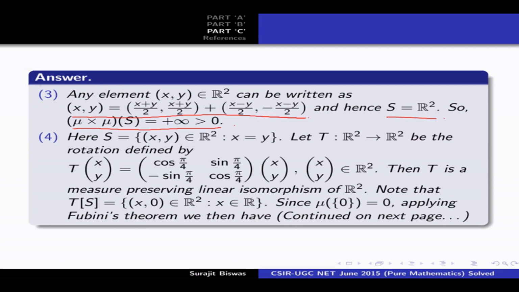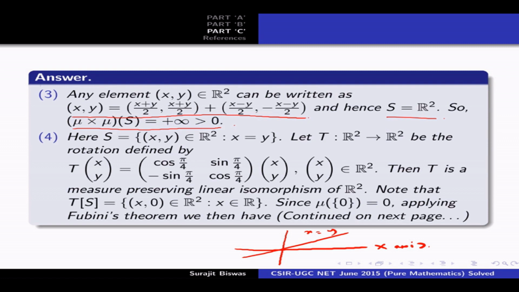Fourth option. Okay, so what are we doing here? Let's draw. In the fourth option we have the given line, x equal to y, and let's say this is the x-axis. So now what will we do?